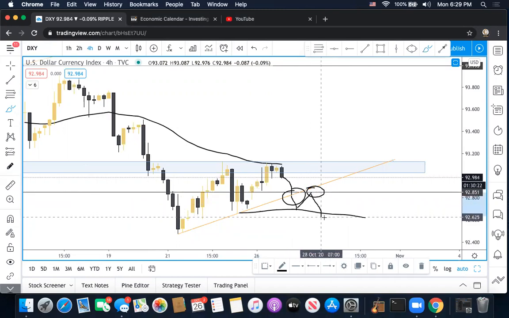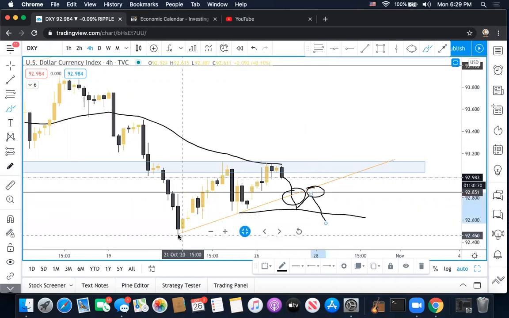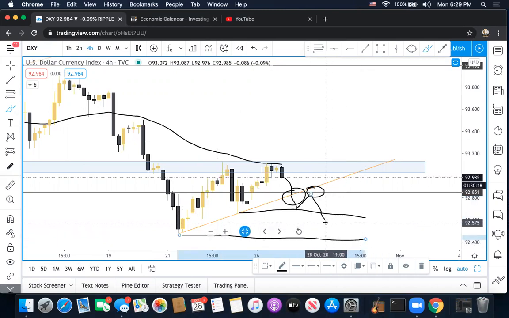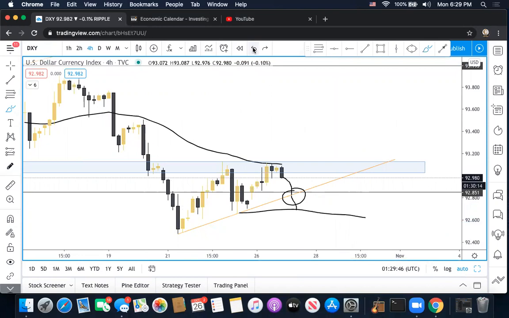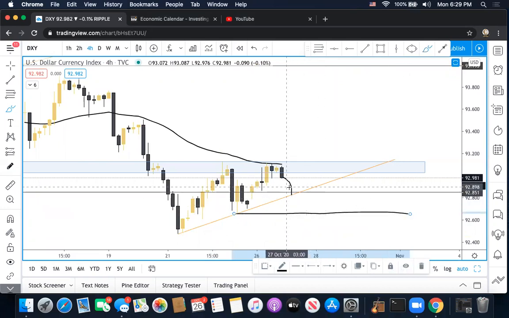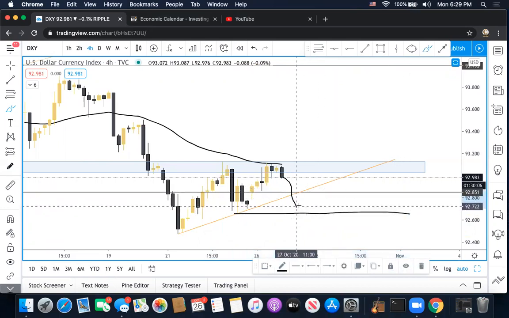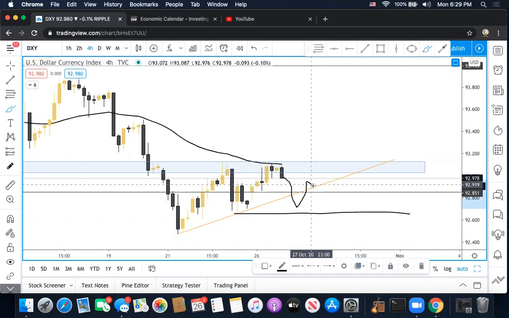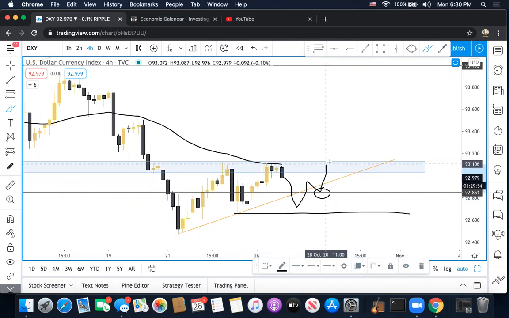Once we get a break right here, more than likely we know that the market will be pushing down to this low. And just for the scenario in case this low down here doesn't get broken, but it breaks below this trend line: if the market pushes back up and pulls back above 93, pushes back down, and retests, that'll be our retracement where we find entries, and then we will look to ride it up to this point right here.